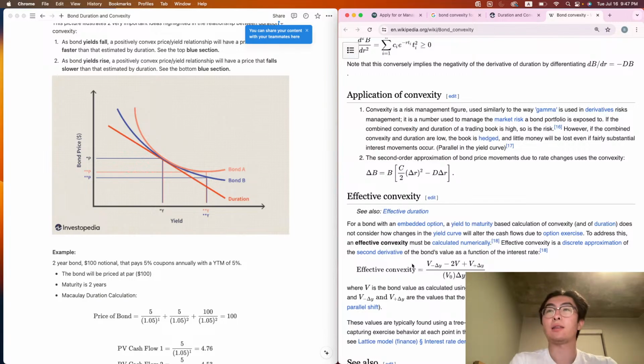Ooh, okay, yeah, I think this is where it gets interesting. I think what this is, it's the MBS securities, right? So they have an embedded option here.